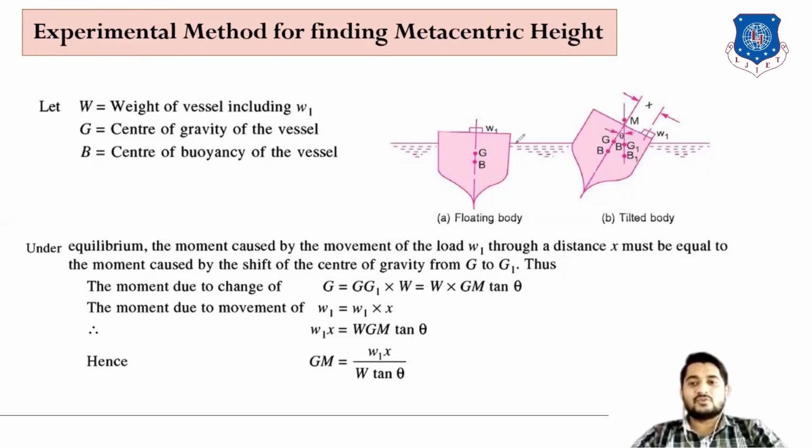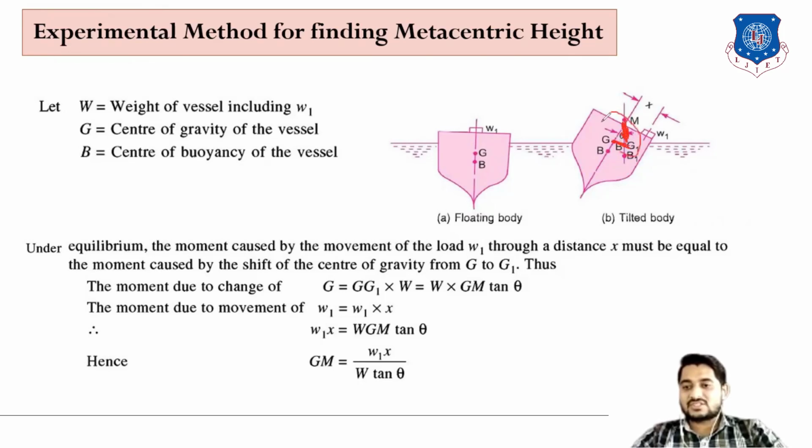Now for finding out the metacentric height, we have to compare the moment by this W1 force here as well as our main force FB, right? So first of all, the moment due to the change of W force, that means the change of G, is equal to weight W in the downward direction into GG1. That means weight W is acting here in the downward direction on the CG, with perpendicular distance GG1.